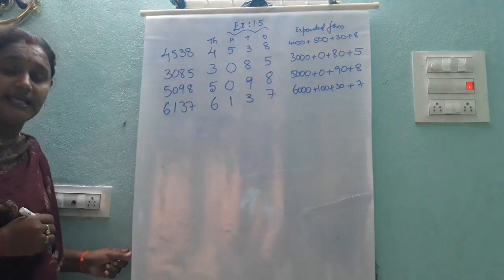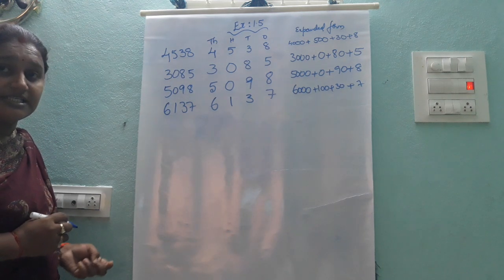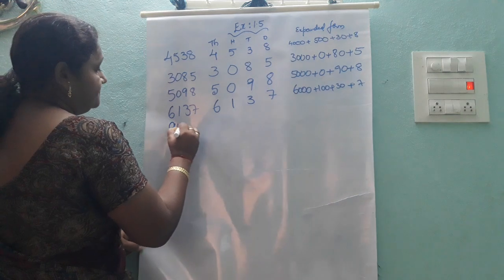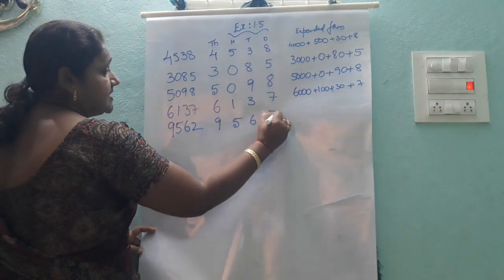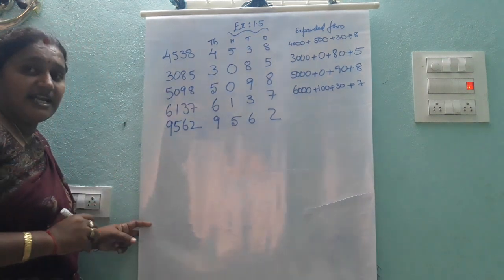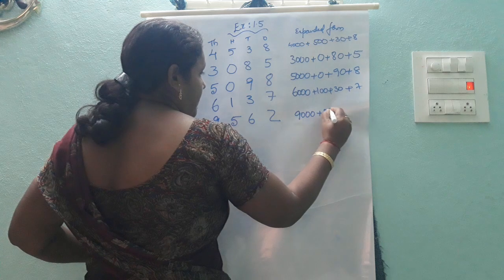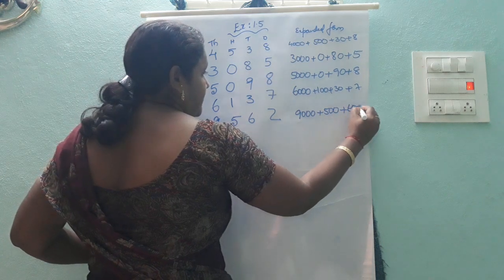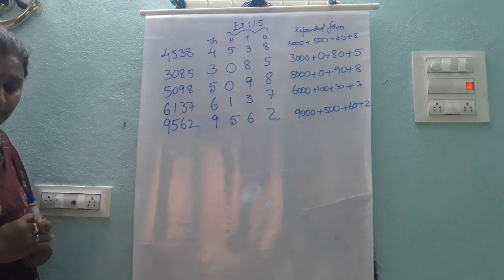Like that you can write the expanded notation. See the next one, children. 9562. 9 thousands, 5 hundreds, 6 tens, 2 ones. How will you expand it, children? 9000 plus 500 plus 60 plus 2. Like that you will write the expanded notation of the number.